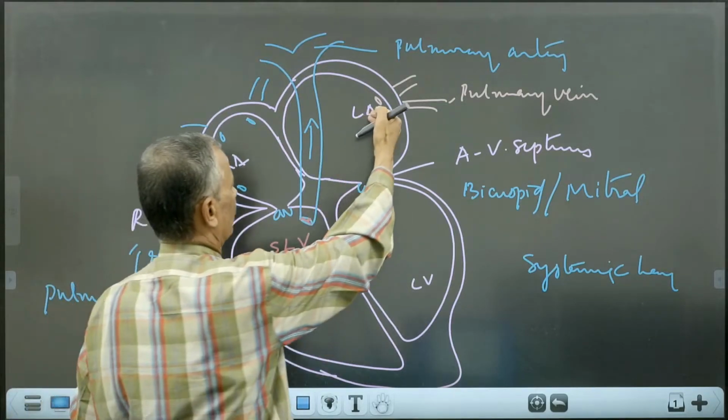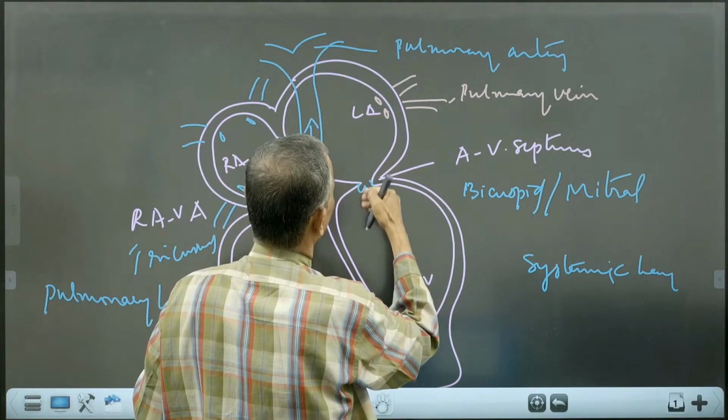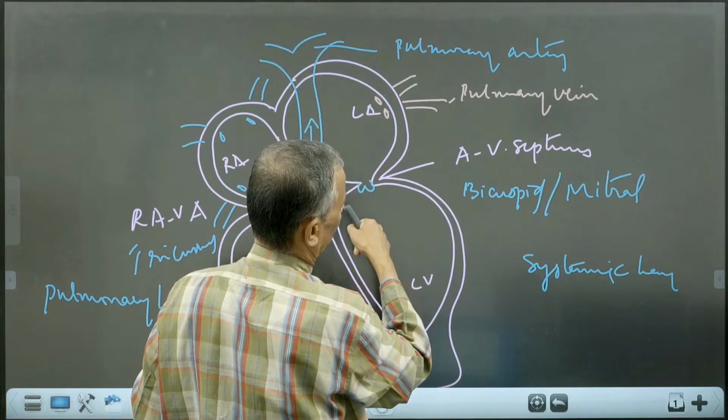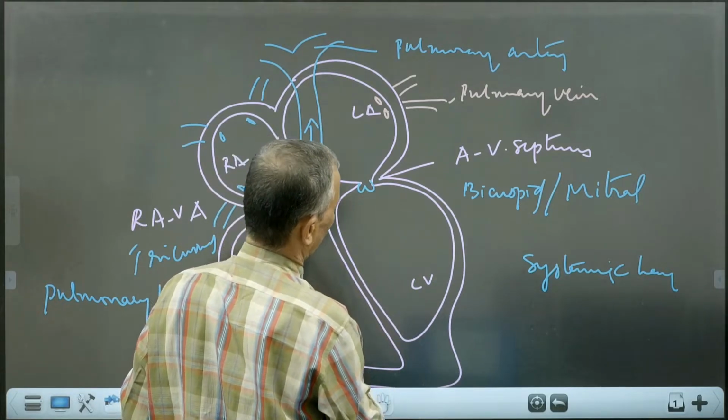And from the left atrium, through the left atrioventricular aperture guarded by the bicuspid or mitral valve, it reaches the left ventricle.